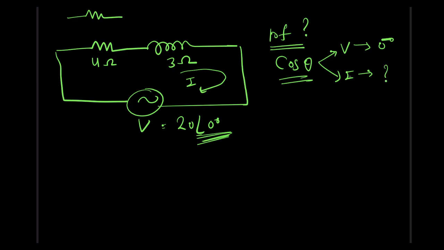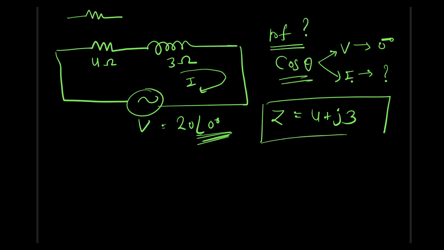To calculate this current, first we want to calculate the impedance. Total impedance of this circuit will be Z, which will be equal to 4 plus J3. If you have a basic understanding of these complex calculations, then you can know how this came. 4 is due to the resistive element and 3 is due to the inductive element.